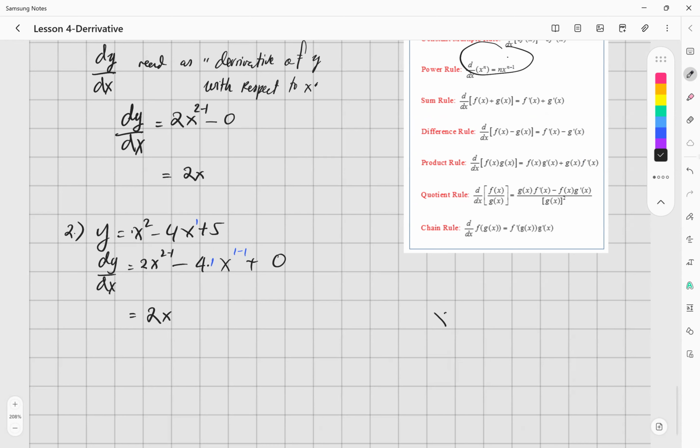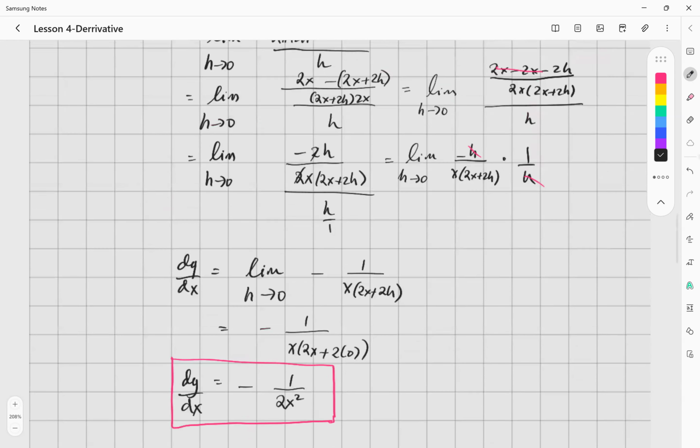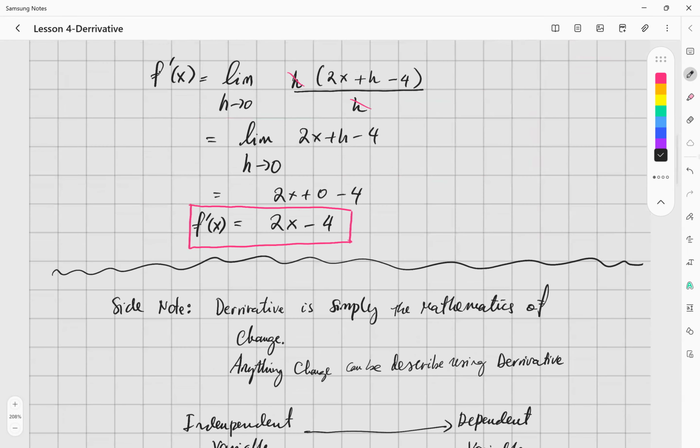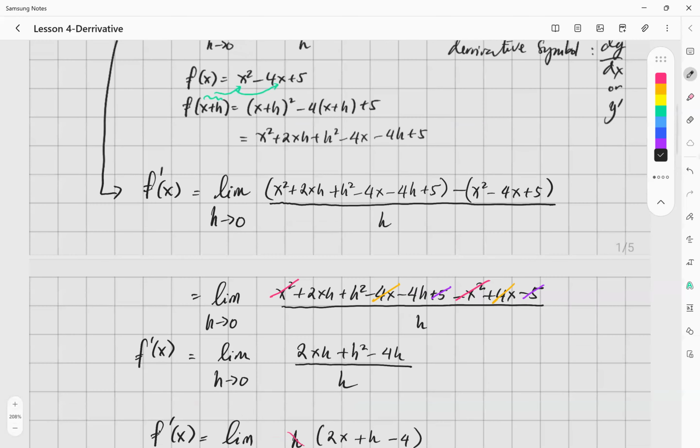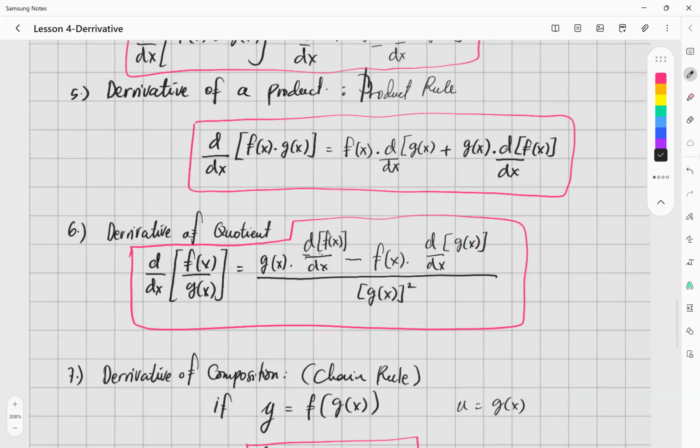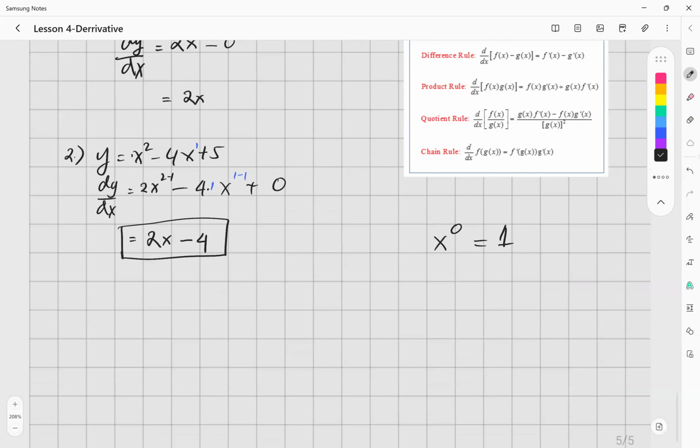Any number raised to 0 is 1, so 4 times 1 is simply 4. The derivative of the constant is 0. So this is your answer, 2x minus 4. It's the same result as when we use the differentiation formula, but the limit definition is much longer. That's why we have the formulas to make it easier. The definition of derivative doesn't change; we just develop formulas to make our life easier.